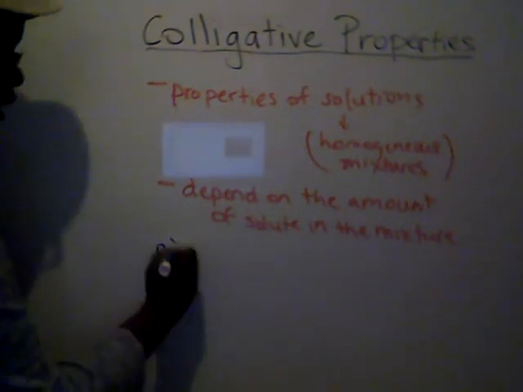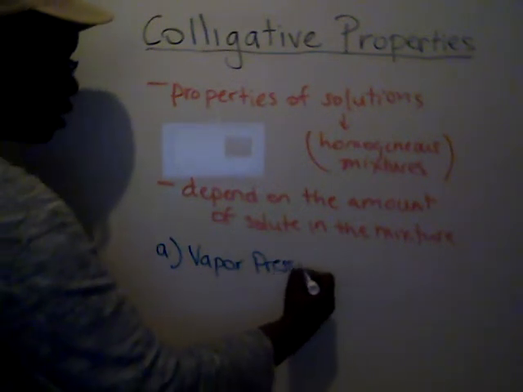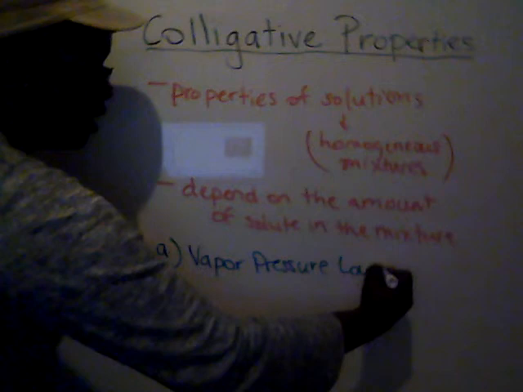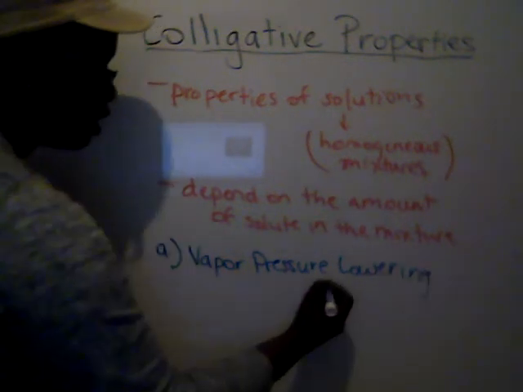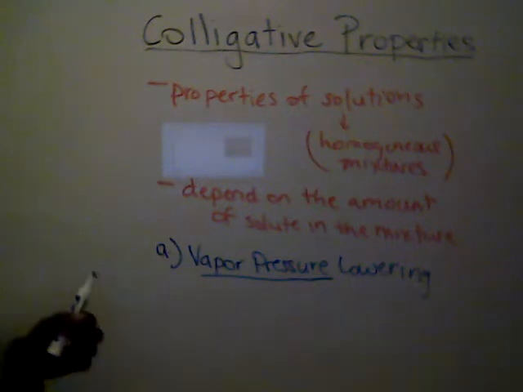So one of the colligative properties is vapor pressure lowering. If we review what vapor pressure is, you talked about vapor pressure in the gas unit. I'm going to draw this diagram here.